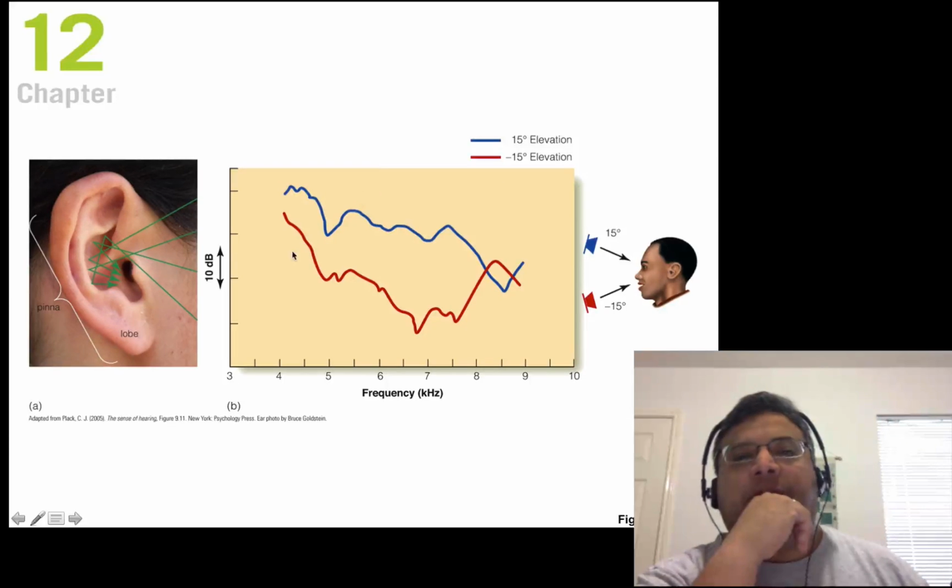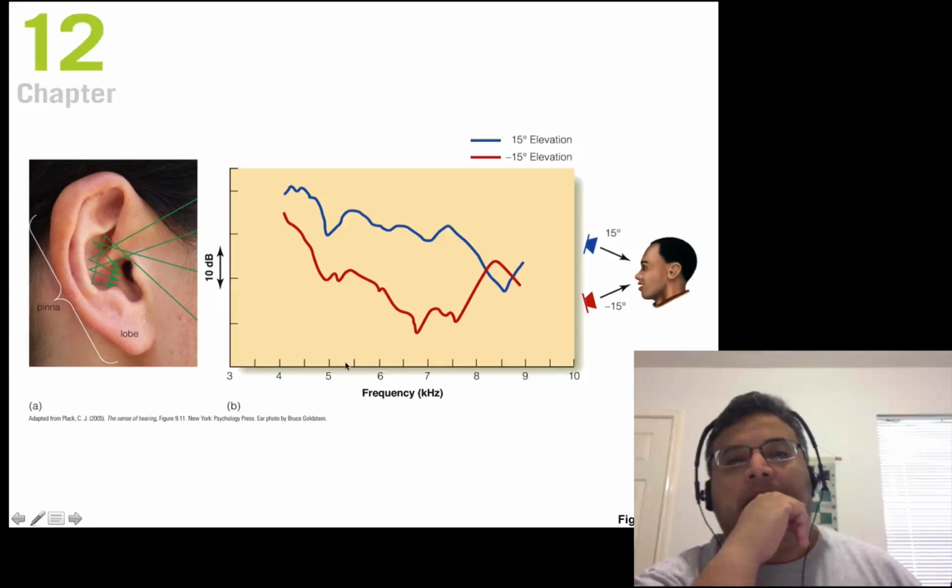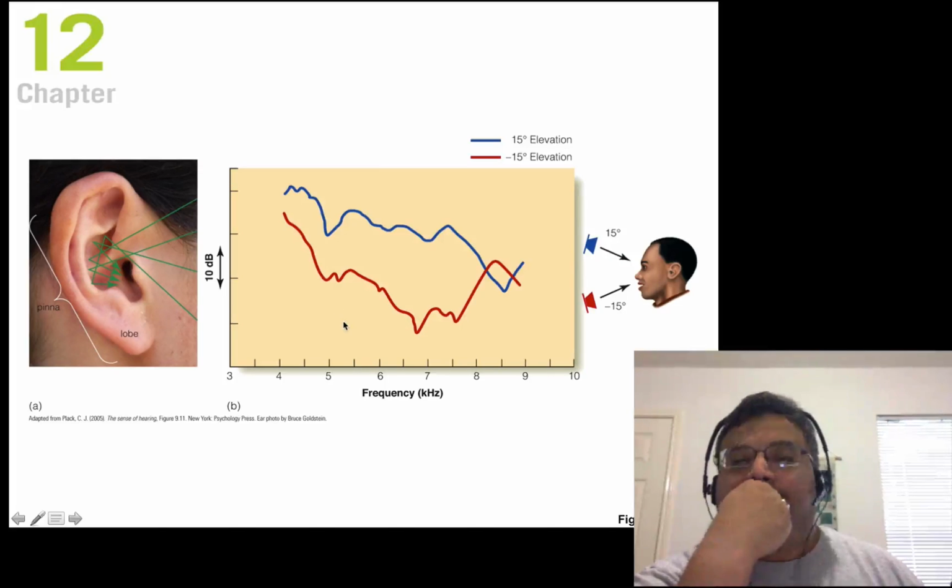And what you can see here is a graph. The x-axis of the graph is frequency, and the y-axis of the graph is decibels, meaning the intensity of the sound.